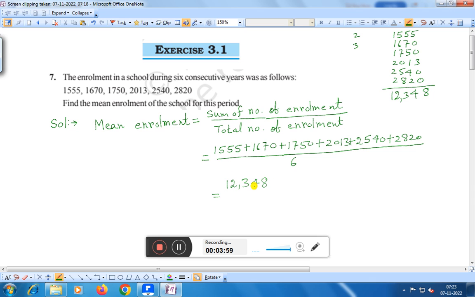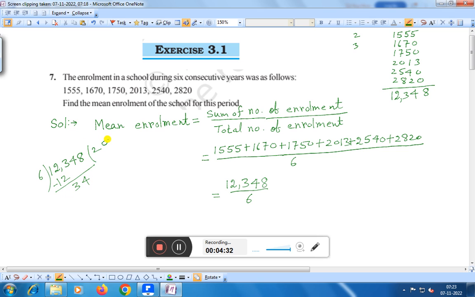Now we will divide 12,348 by 6. 6 twos are 12, 3 is less, therefore it is 0, then 34.